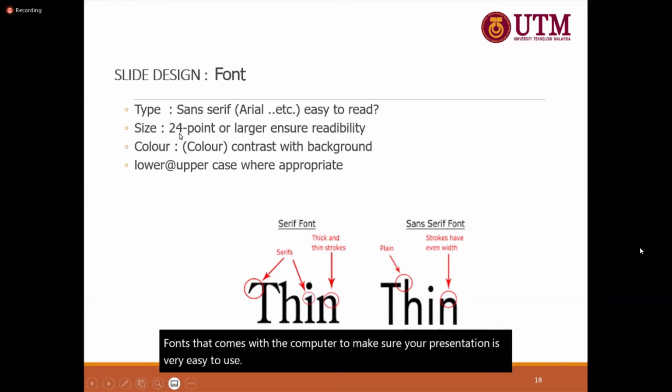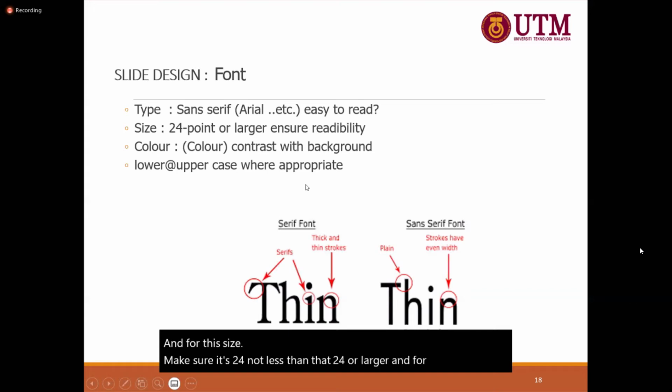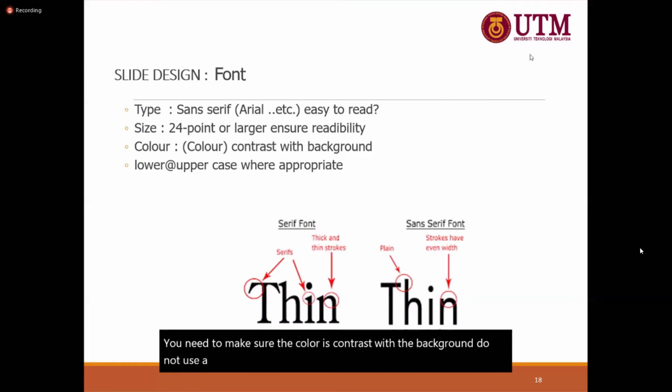And for the size, make sure it's 24, not less than that, 24 or larger. And for the color, you need to make sure the color contrasts with the background. Do not use a green background and then baby green for the text. It will vanish. All right.